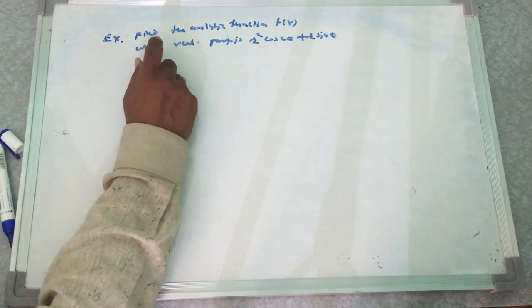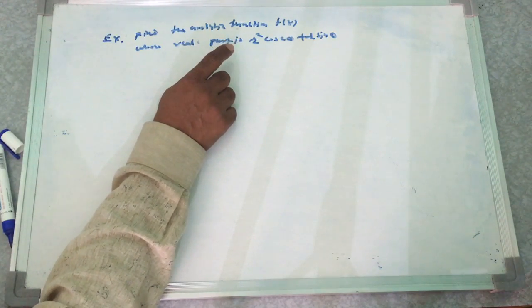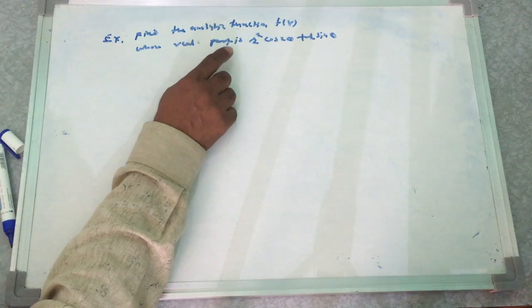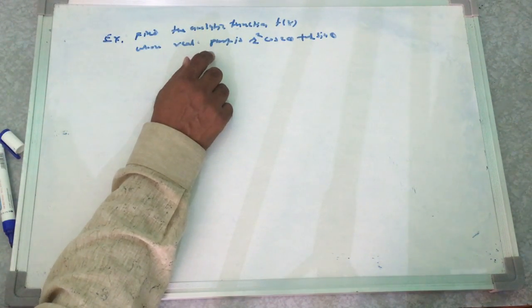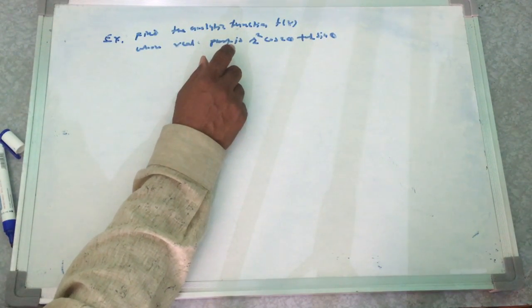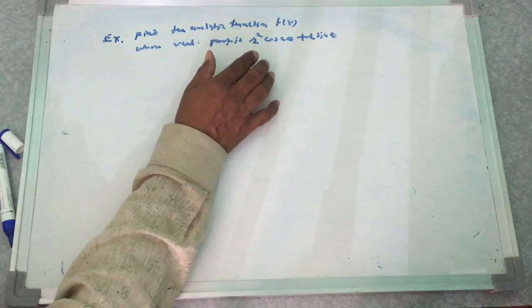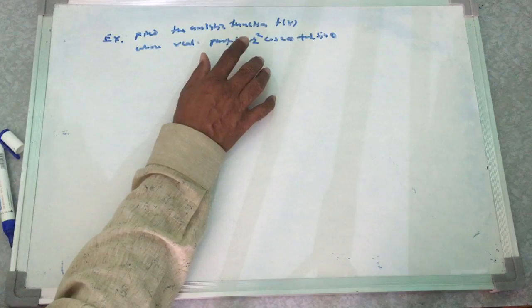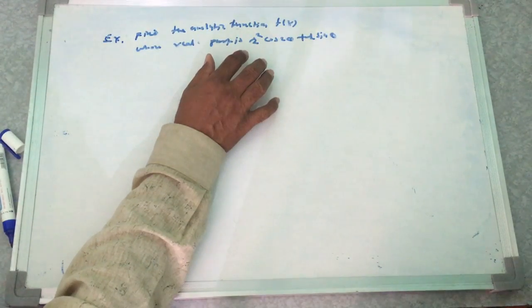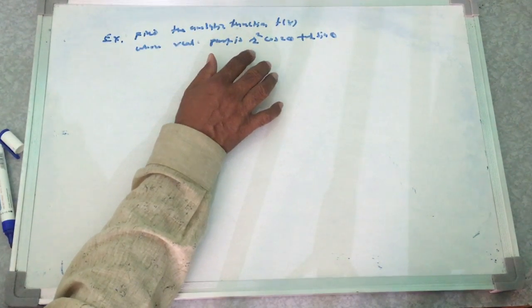Here we have f of z is equal to u of r theta plus i v of r theta, analytic, and u of r theta is equal to r square into cos 2 theta plus r sin theta. u_r is equal to 2r cos 2 theta plus sin theta, and u suffix theta is equal to minus r square into sin 2 theta plus r cos theta. Then by CR equations, u_r is equal to 1 upon r v_theta, and v_r is equal to minus 1 upon r u_theta.